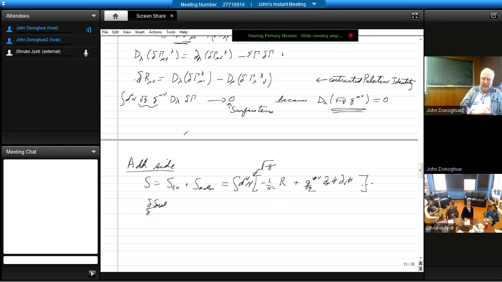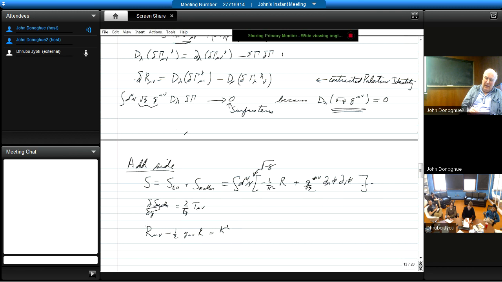We take delta action, delta of the matter part, with respect to g mu nu, is two over the square root of minus g, T mu nu. We vary what we just had up above. The Einstein equation, which hopefully with the right sign, I don't know, R mu nu minus 1/2 g mu nu R equals.